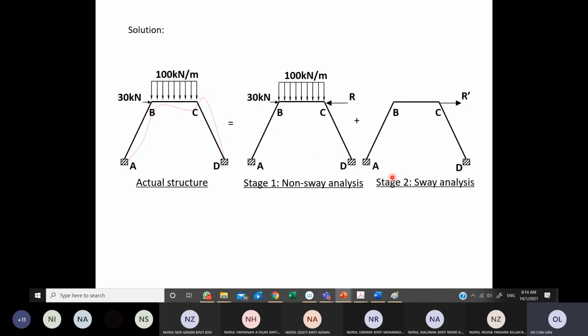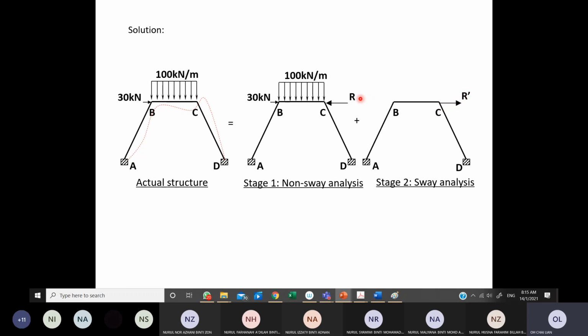As you know, we are using the method of superposition. In stage 1, this R does not exist. It is imaginary, so in the real case there is no R. To achieve equilibrium, or to cancel out this R, we need to apply another R, which we call R prime, that acts oppositely.